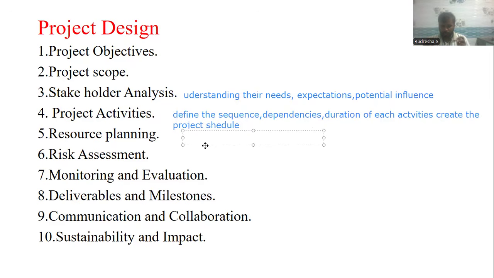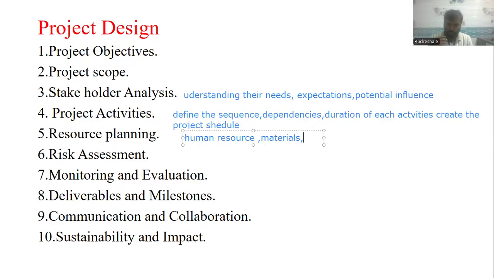First one, human resource. Human resource means getting good resources, especially manpower.